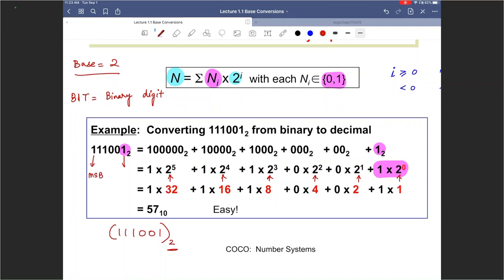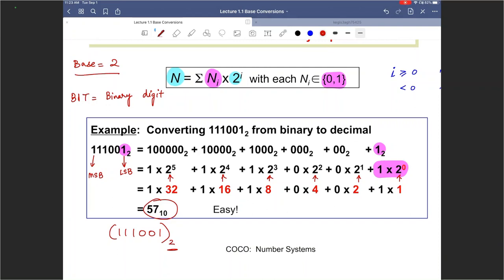Most significant bit, least significant bit. And when you add it all up, what do you get? You get 57, which is now in the decimal number system. So that's how you would convert from binary to decimal.